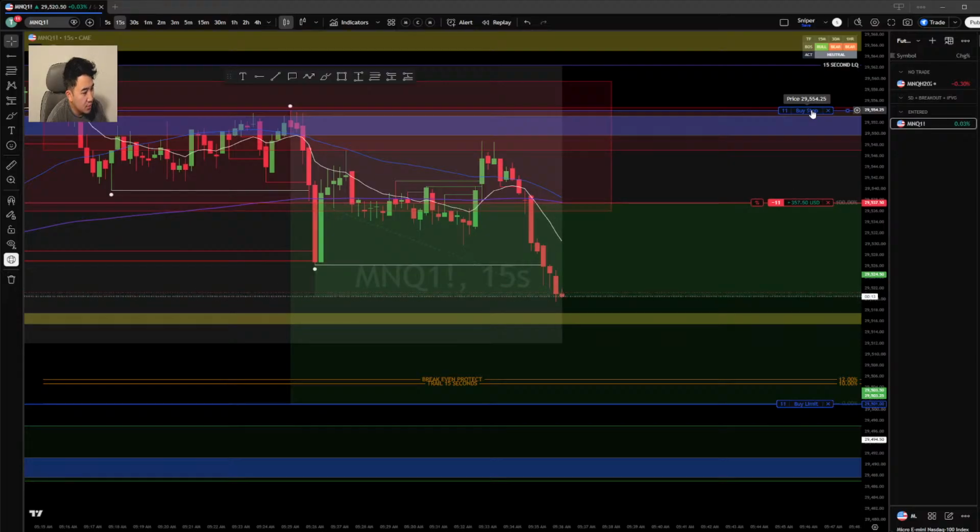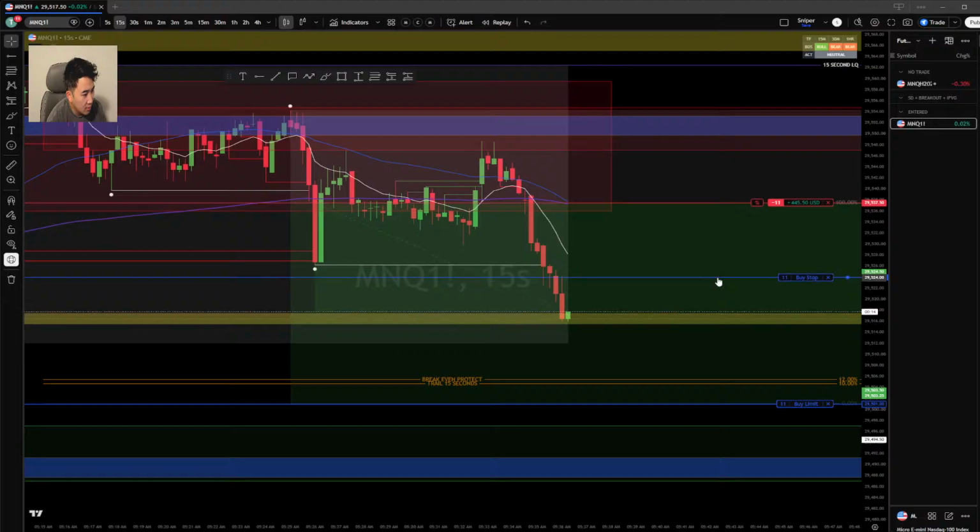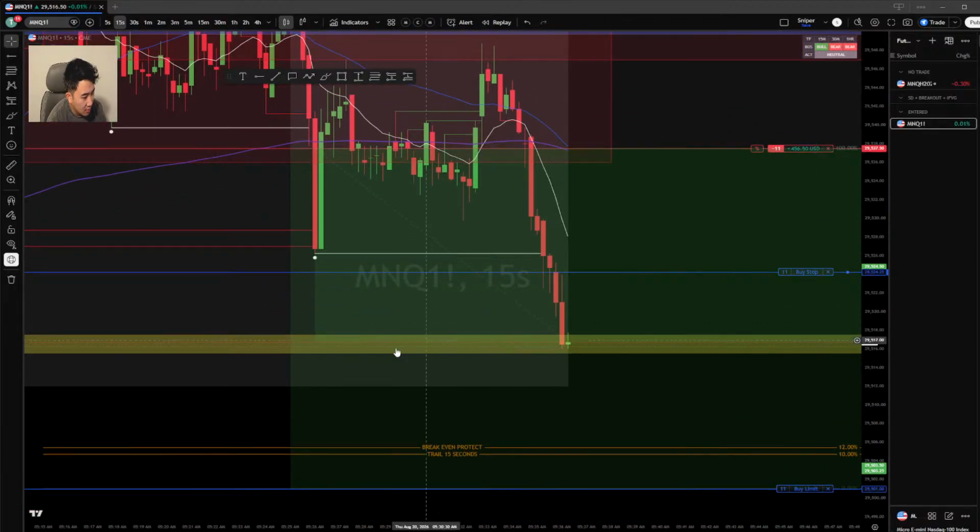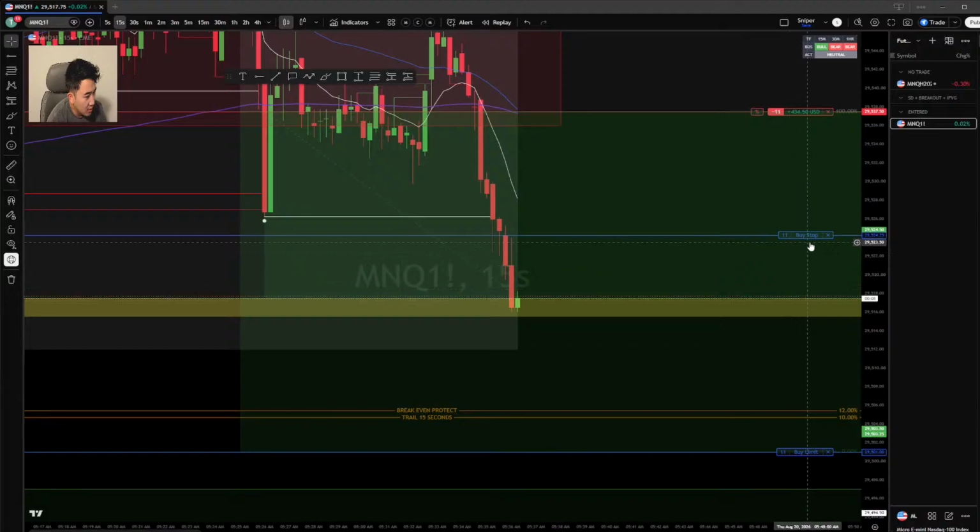If it rips right through it, that'd be good. Or even better. But if it taps it, we at least have a break-even trade. There we go. See if it continues downwards.